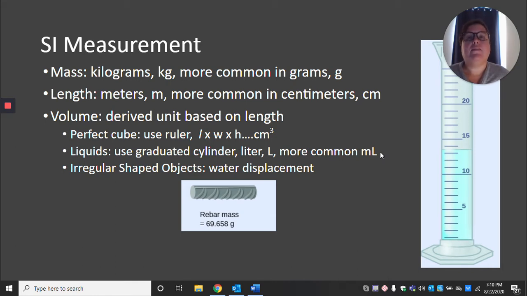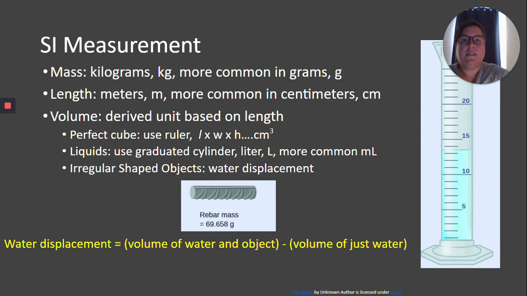Now, if we have an irregular shaped object, like my piece of rebar down here, we can't use either of those scenarios to find the volume. So instead we use water displacement. So we take our graduated cylinder, we note how much water is in it, we add our rebar, and then we can see how much water was displaced. So water displacement, you take the volume of the water and the object together and you subtract just the volume of the water.